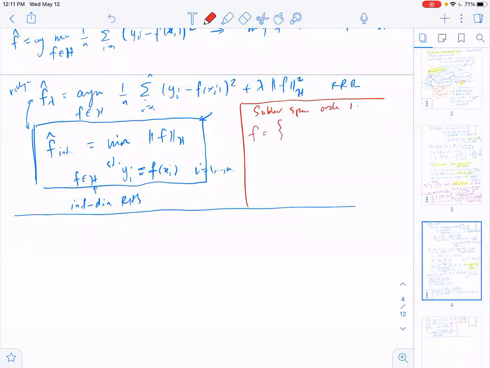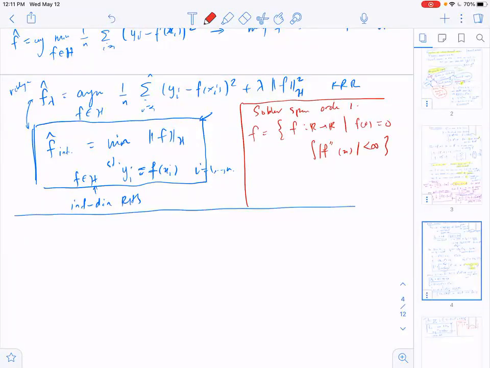So the class of all functions, let's say from real to real, f(0) is 0, and then the second derivative squared is finite. This class of functions is an RKHS.